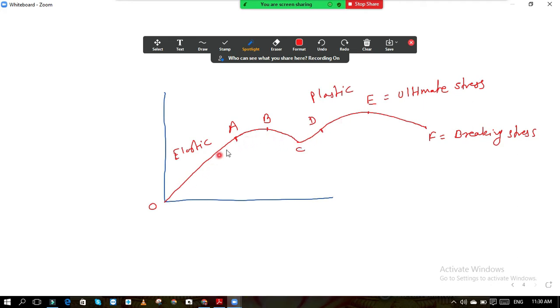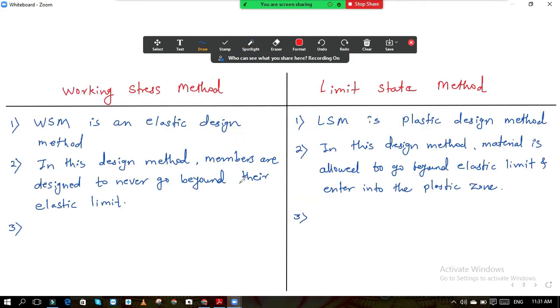Due to this assumption that we can stress the material only up to point A, the sizes of the sections in the working stress method are larger than in the limit state method, because the limit state method fully utilizes the strength and the working stress method does not. This is also an important point. Beyond the elastic zone, in the plastic zone also, the limit state method allows it.